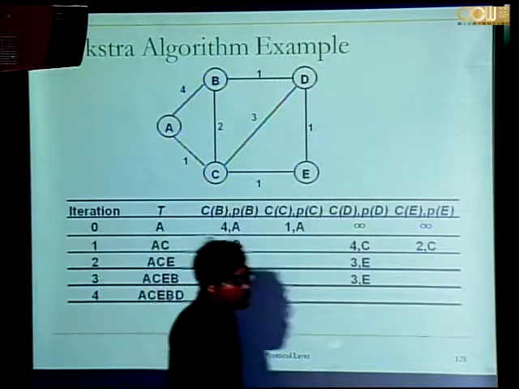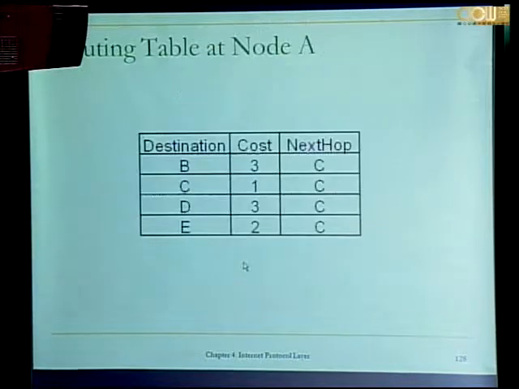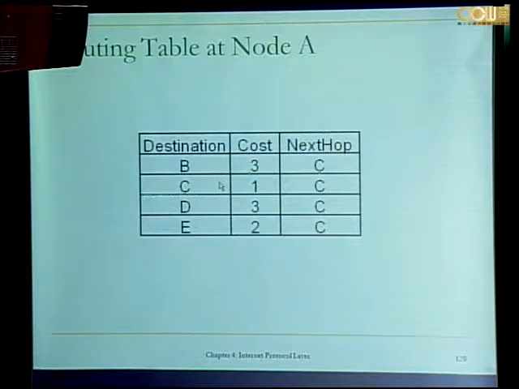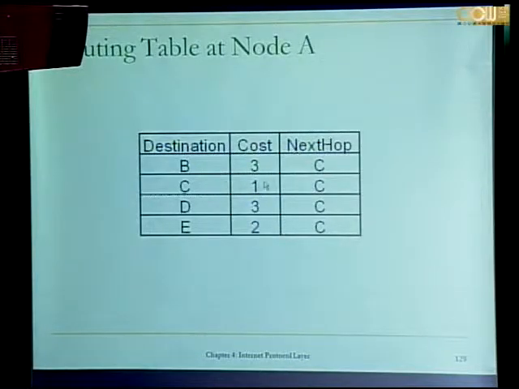To reach B, I go through C with a cost of 3. To reach C, the cost is 1, and the next hop is C because it's direct.